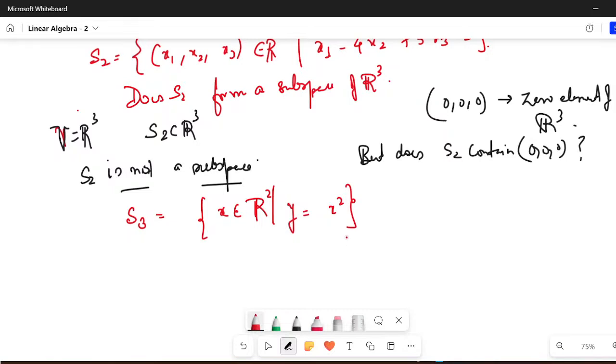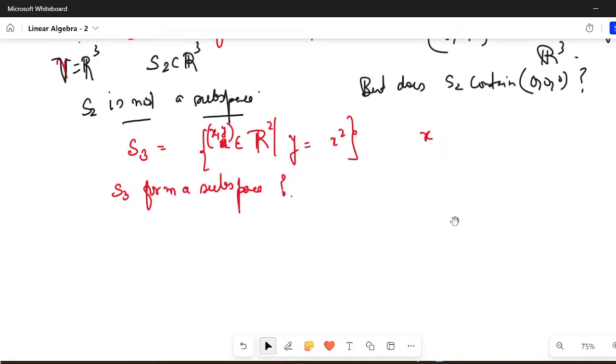Here the vector belongs to R square, so I should write (x, y) belongs to R square. So it will give you an insight. Does S3 form a subspace?